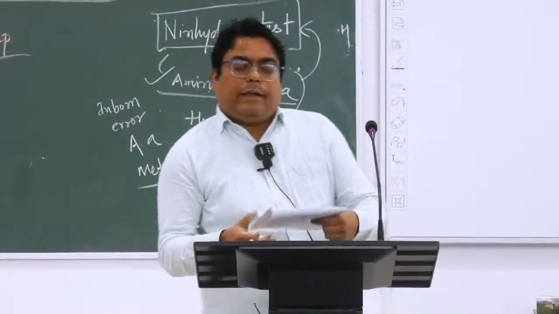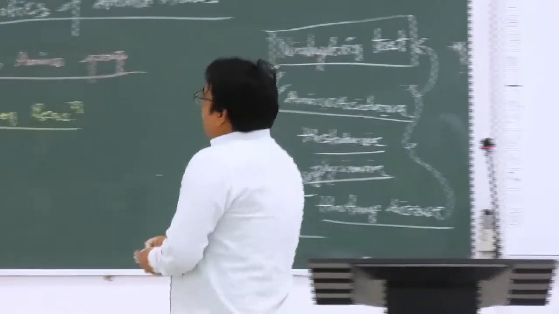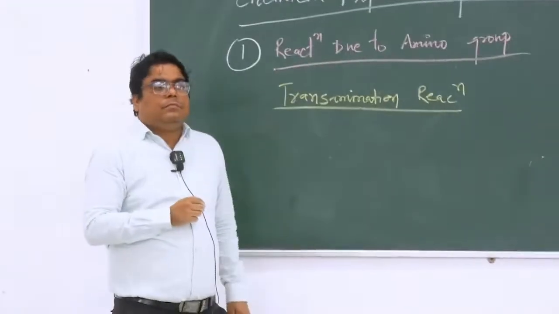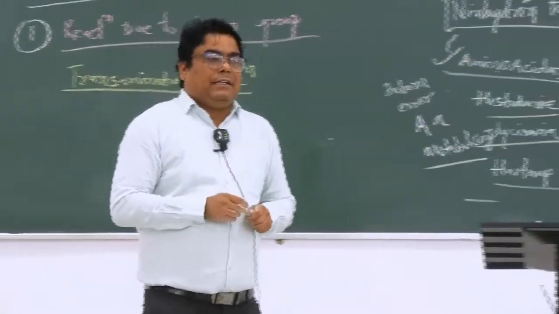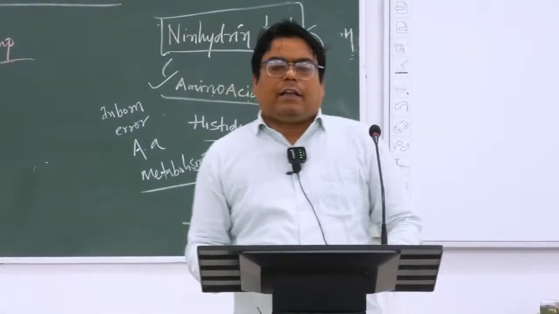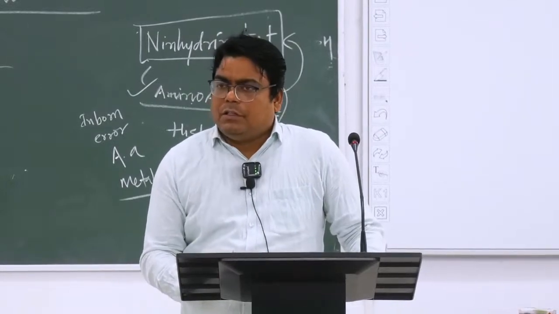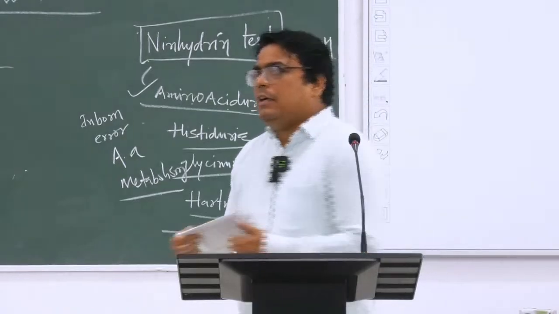As you listen, understand by the term, what is this? There is transfer of an amine group to an alpha keto acid. This is called the transamination reaction, and it is a very important reaction. By this reaction, several specialized products are formed. It is a primary reaction for protein metabolism.